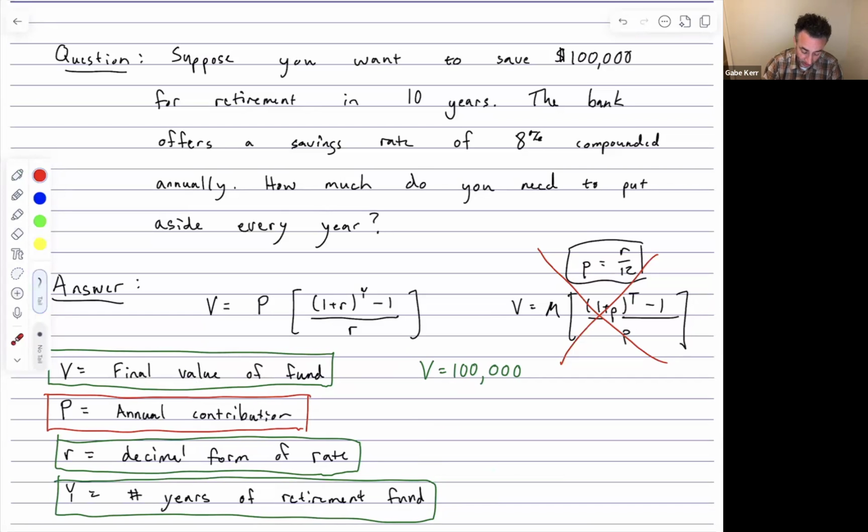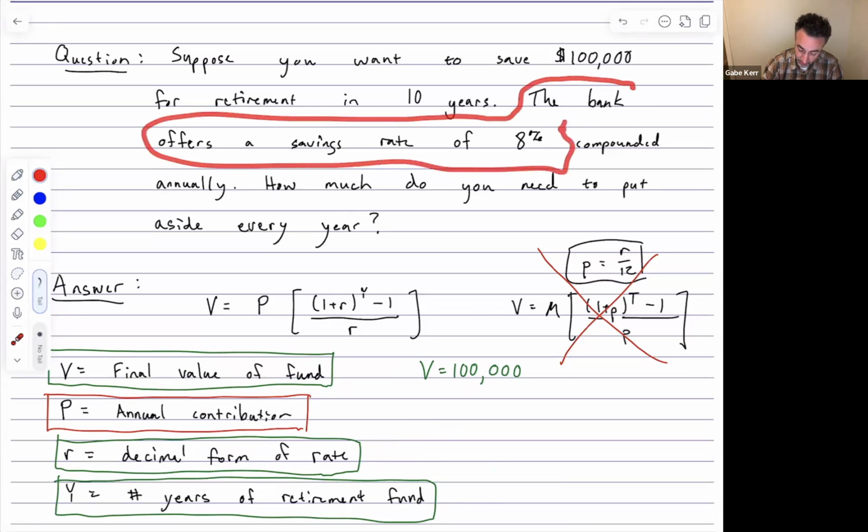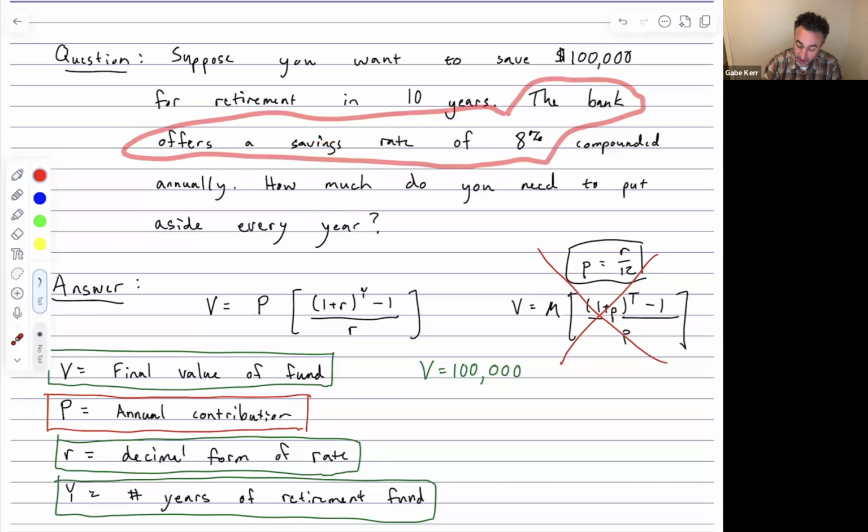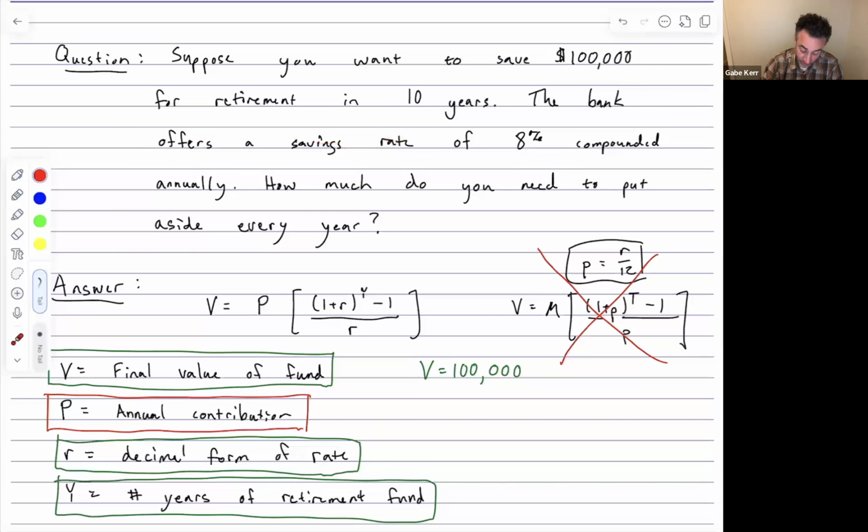What about R? R is the decimal form of the rate. Well, the bank offers a savings rate of 8%, and you may not see savings rate, it may be APR, but that's annual percentage rate. So it's 8%. 8% is a percentage, so 8 is not R, but the decimal form of 8% is 0.08.